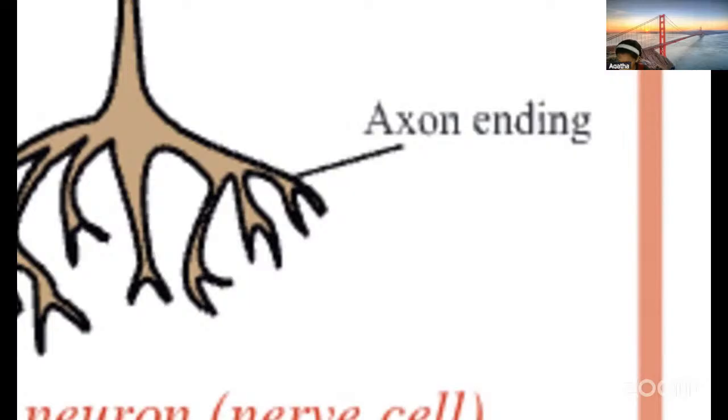And the neurotransmitters are chemical substances, not electrical substances. So the electrical signal will convert into a chemical through the neurotransmitter, go to the dendrites, and then again become an electrical signal, like that. Got my point, everyone? Did you understand?